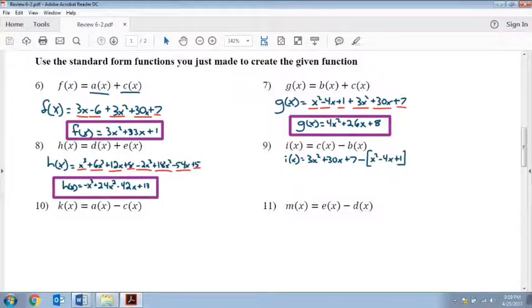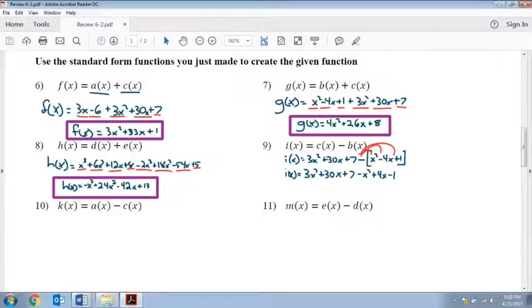The reason I put it in brackets is so I remember to flip every single one of those signs. So again, your i of x equals 3x squared plus 30x plus 7. Then distribute the negative, negative x squared plus 4x minus 1.